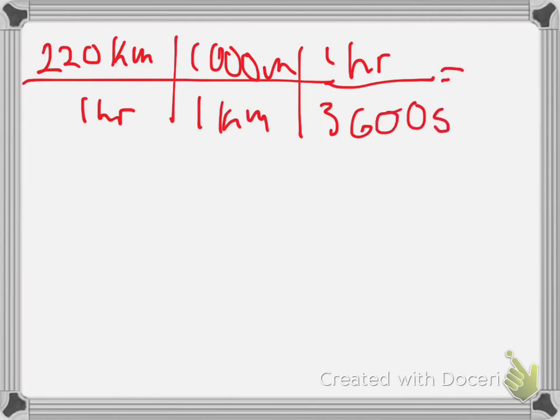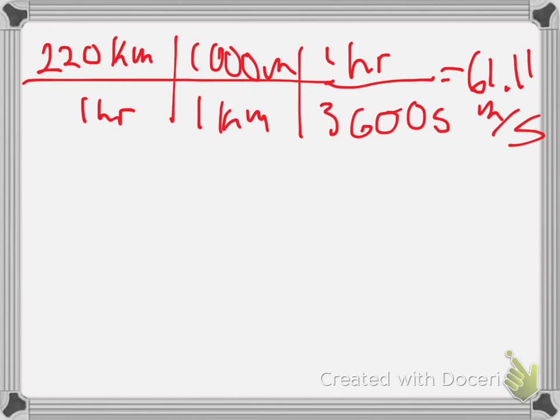So if we do that conversion, then we should wind up with like 61.11 meters per second. Okay, and this would still be to the north, right? Because that's the direction the train is traveling.